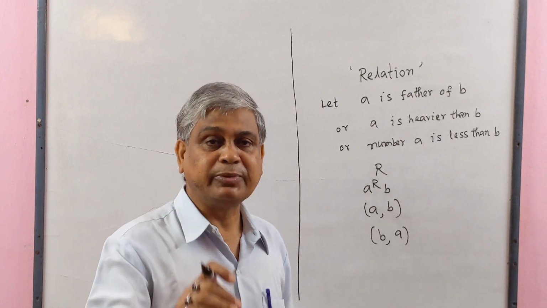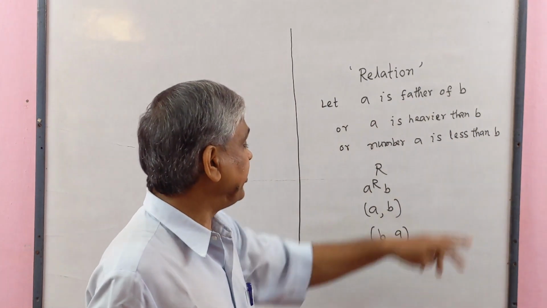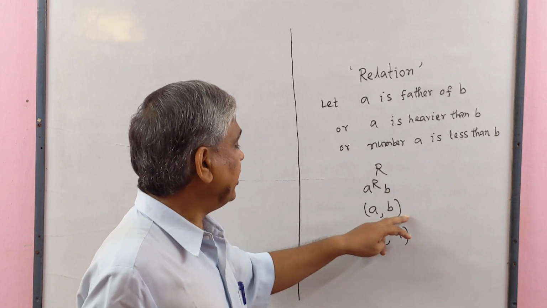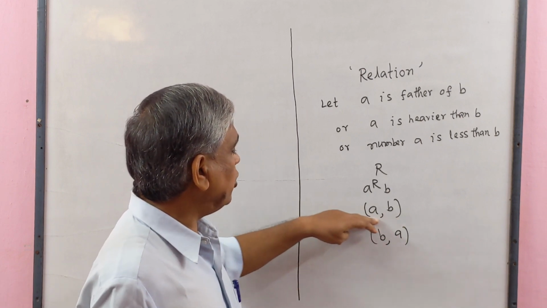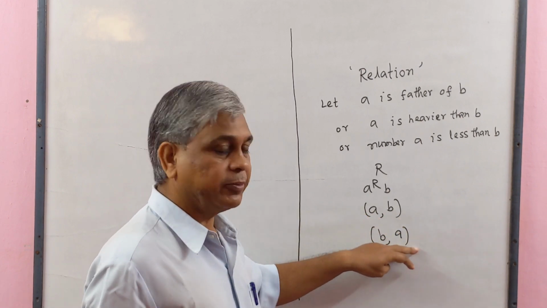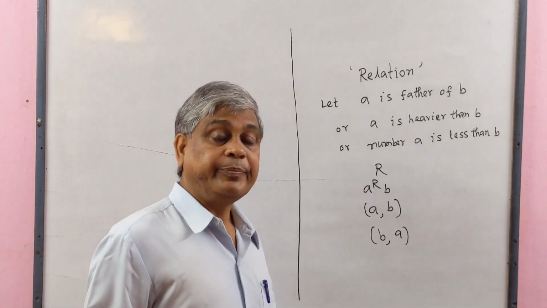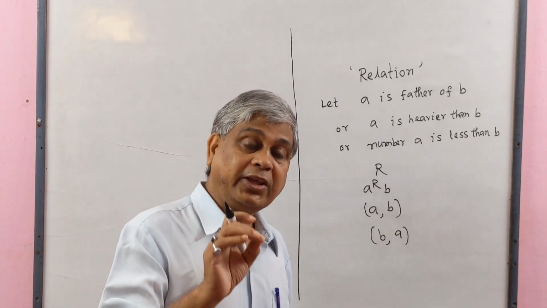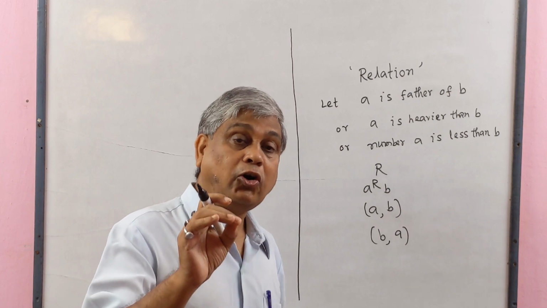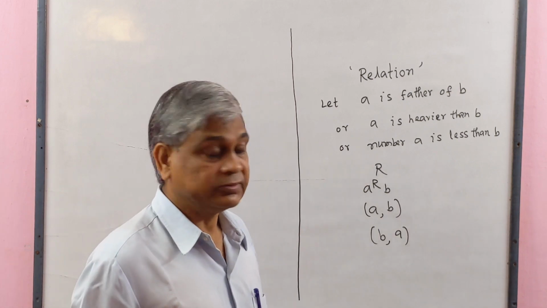Here we have assumed that A is father of B. So we write this ordered pair, not this ordered pair. So we always use the term ordered pair for this relation.